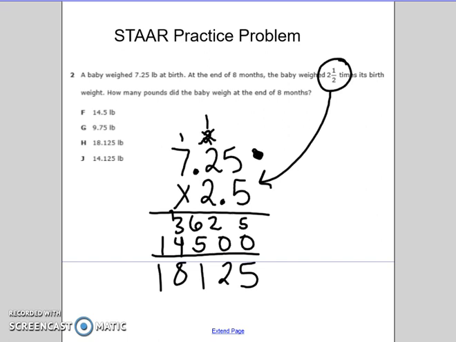Okay? Then you had to multiply because it says times its birth weight. After you multiply, this is the number you get. Don't forget when multiplying with decimals, you see how many numbers do I have behind a decimal in my question. And that's how many I need to have in my answer. So hopefully you guys got H.